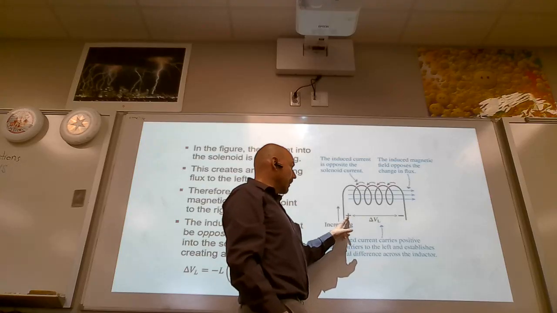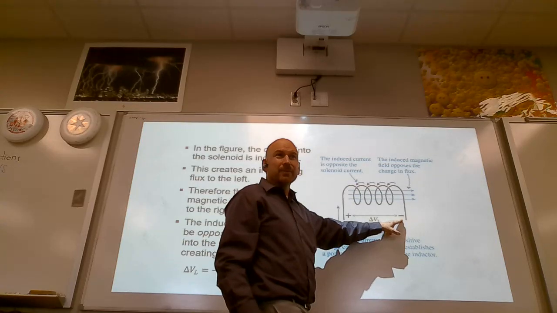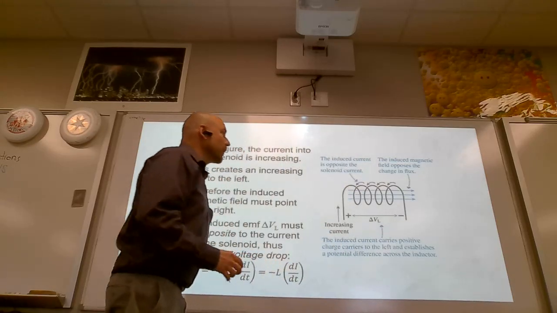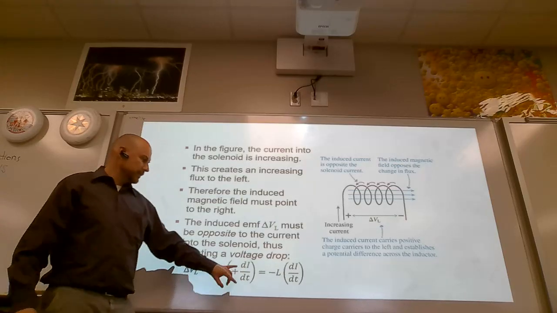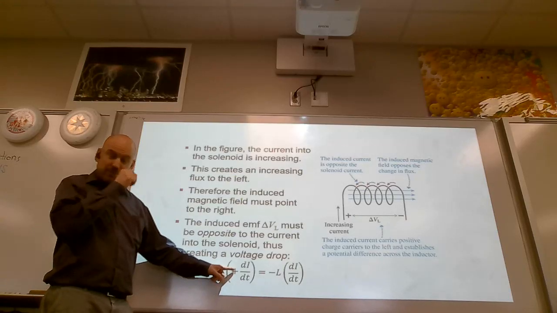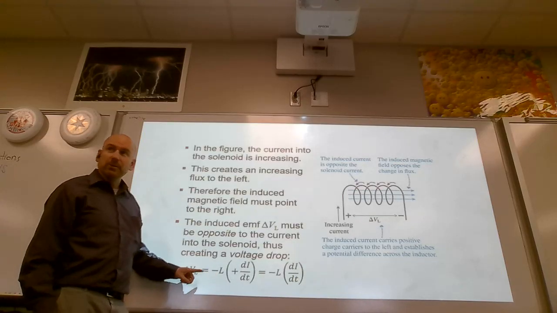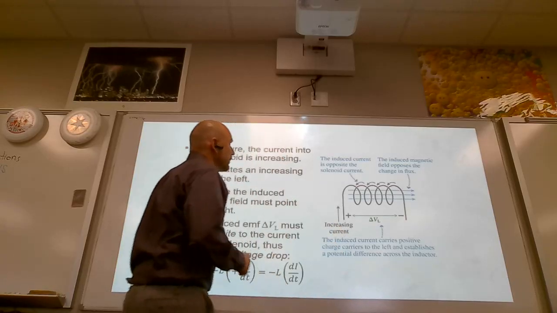You're starting at higher electric potential, and you're going to a lower electric potential. So this kind of behaves like a resistor. You have a voltage drop across this. So you would be increasing your current, you'd have a positive derivative of current, and that negative sign means you're going to have a voltage drop.